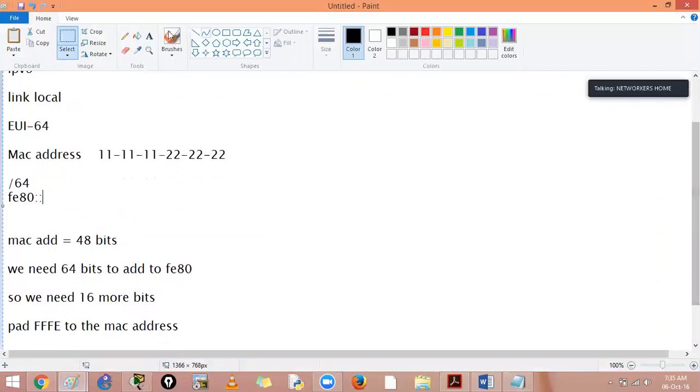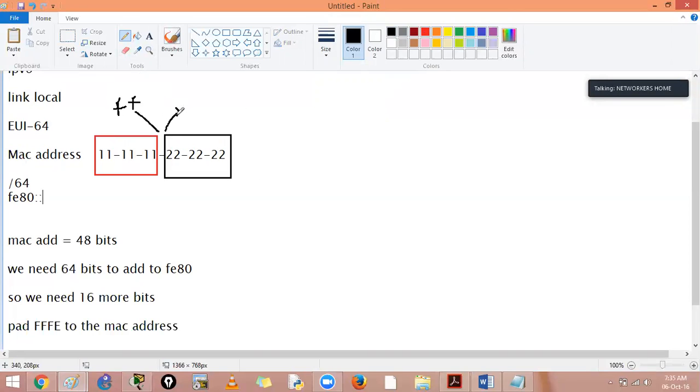On the half portion here, this is one half and the other is the other half. So in between this number, you will pad FFFE. How does it look like? Here, FF, and here, FE. This number is fixed.